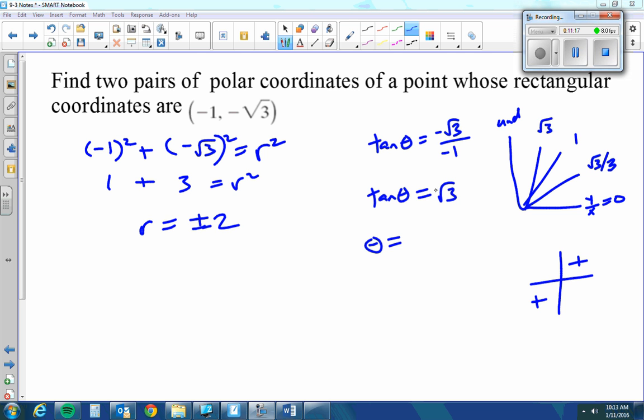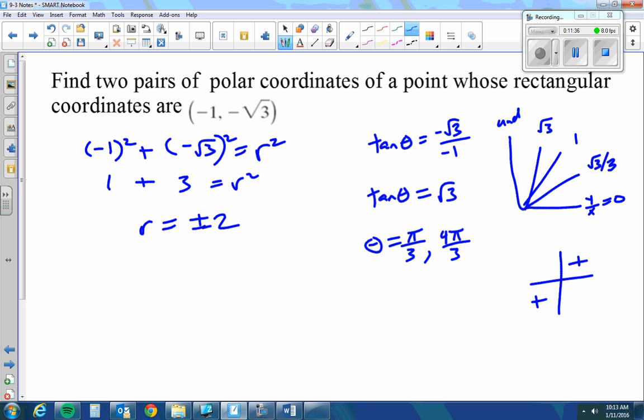You do y over x, you get this, which works out to be a positive. And your tangent values look like this again. So pi over 3 is the reference angle. And we're looking for tangents positive, so it's first and third. So the first quadrant is pi over 3. What's the third quadrant angle? Good.